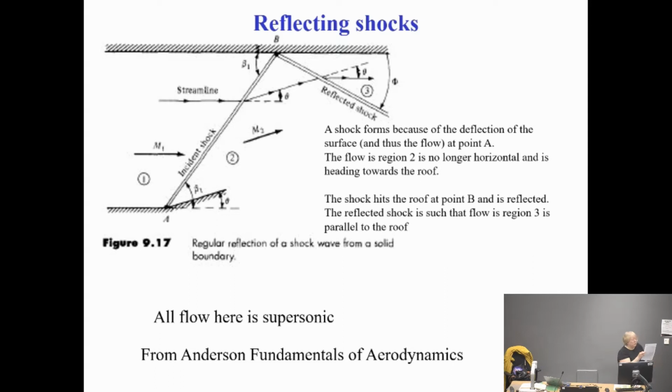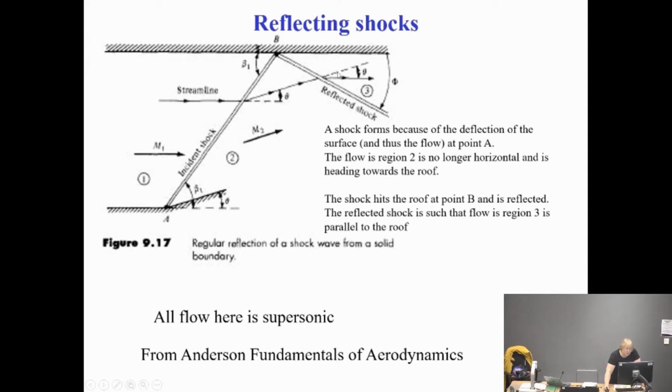And then I read off what the shock angle beta is. So how's beta measured? You can see, from the direction of the original flow. This beta was measured from the horizontal because the Mach number in region 1 was coming from the horizontal. This one is measured from the direction that we were going here and comes down.